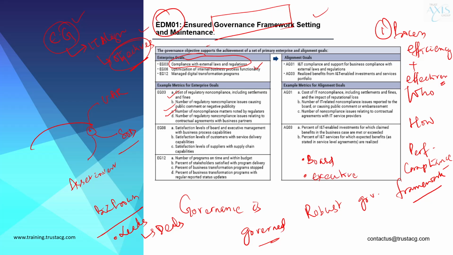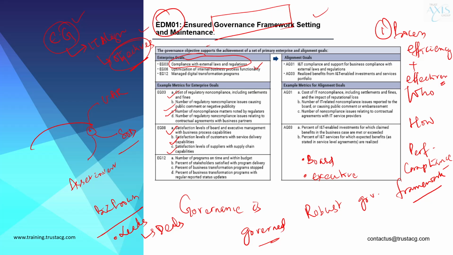Likewise, there are external parties whose satisfaction levels need to be measured as well, and that would relate to the customers as well as the suppliers, to whom you supply, or the suppliers who supply to you, right? When it comes to delivery of service and your demonstration of supply chain capabilities.